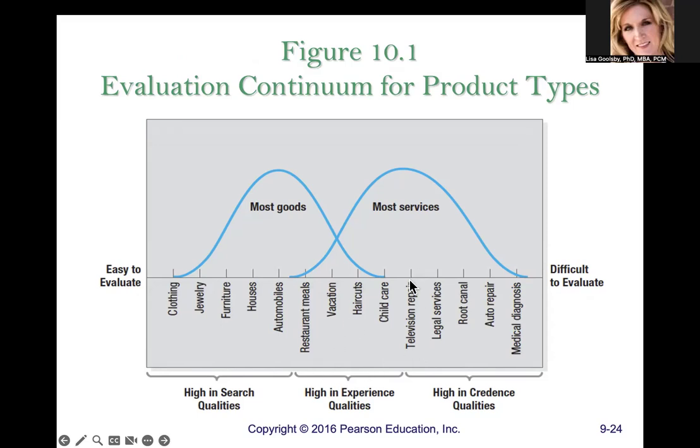And then you get into the real services like television repair, legal services. They're high in credence qualities. So you've got different ways to evaluate it, but you see where you've got the goods and then the intersection or hybrid of a good and a service to a purely service related product type.